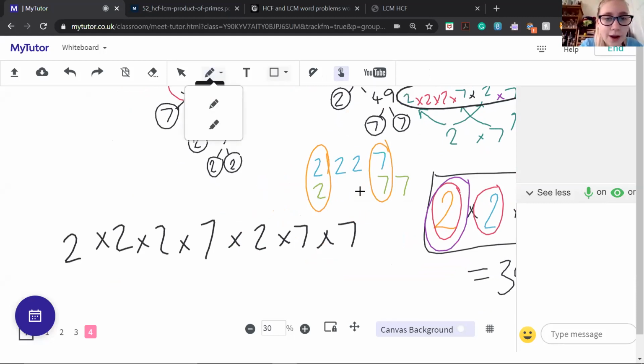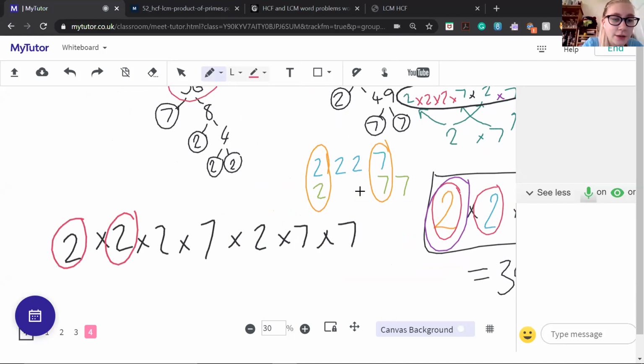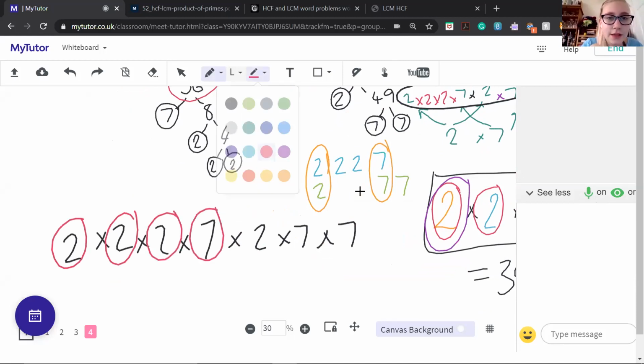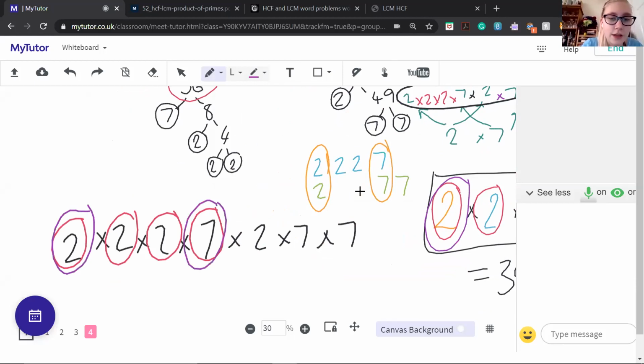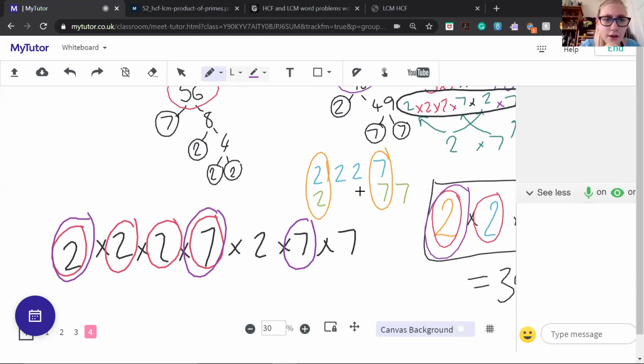Well, let's circle where our 56 is. It's here, 2 times 2 times 2 times 7. Let's circle where our 98 is. It's 2 times 7 times 7. So all of those circled numbers are multiples of 56 and 98. So why on earth are we multiplying it by 2 and 7 again? No point.